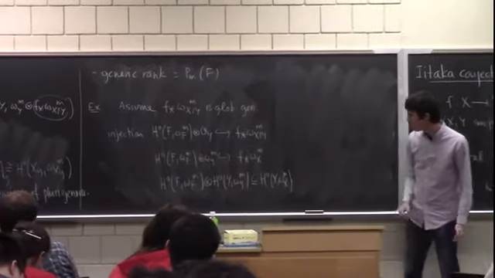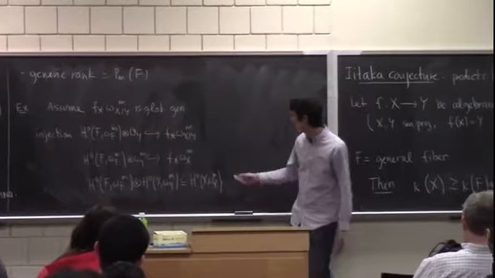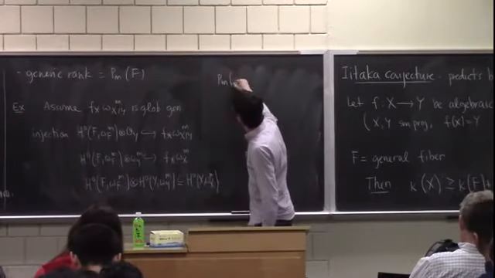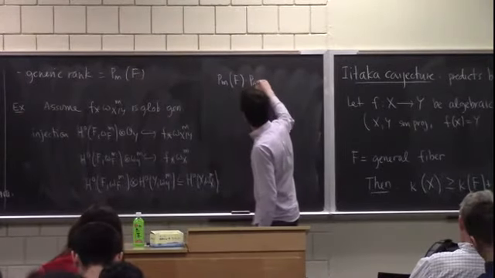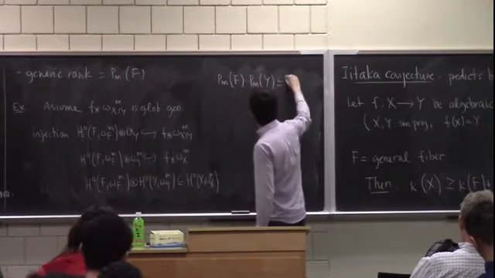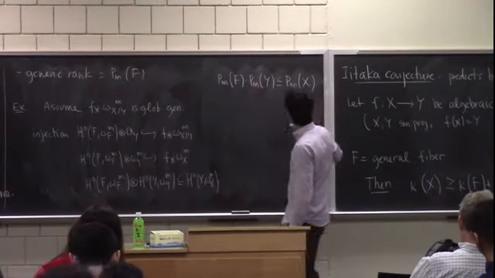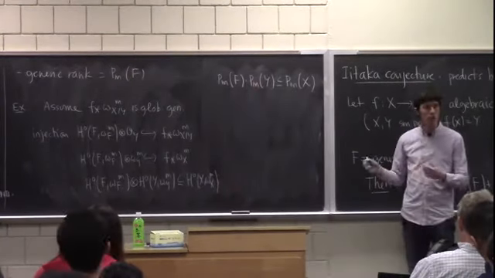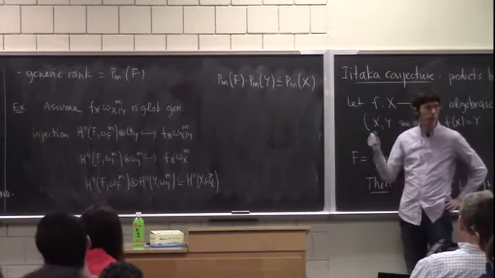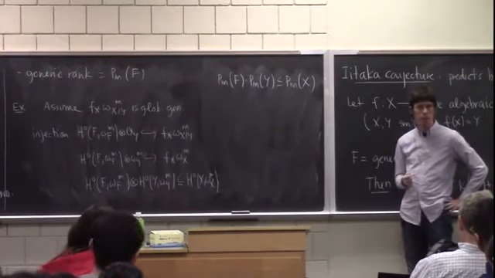Do you see that what this says numerically is that Pm of f times Pm of Y is less or equal to Pm of X. And so if I take logs and divide by log m and take the limit, then I get exactly the inequality that I want. Okay?